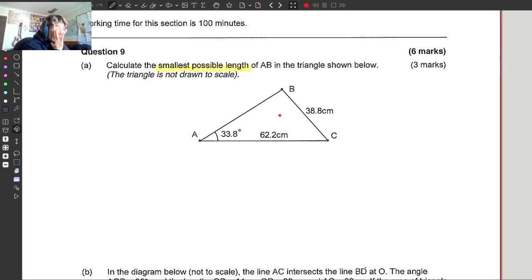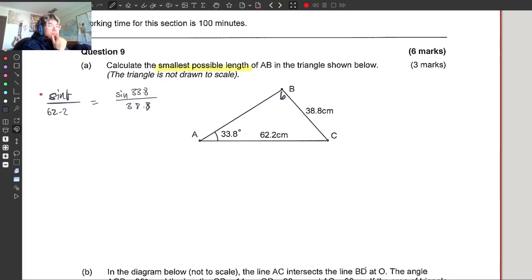So we can use the sine rule to find this angle, little b, which we can say is sine of b over the length of the opposite side, 62.2, is equal to the sine of this angle, 33.8, over the length, 38.8.